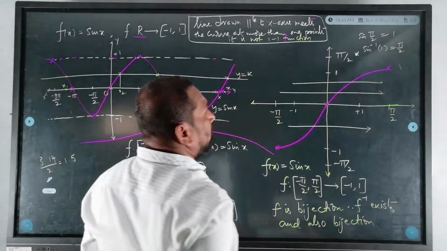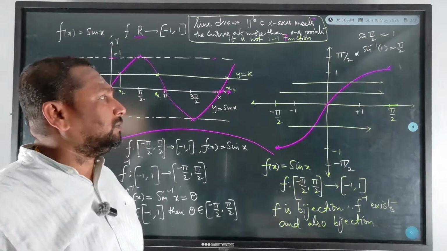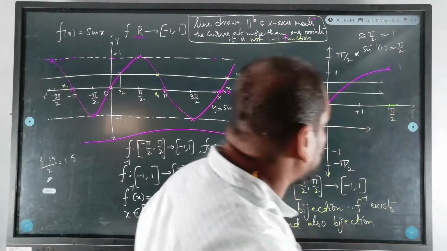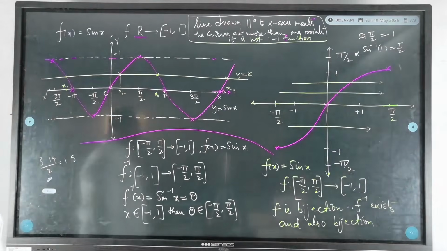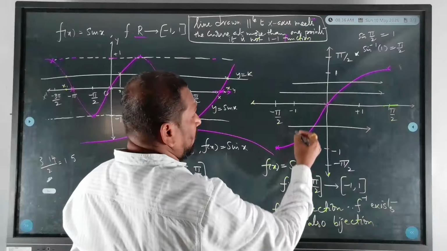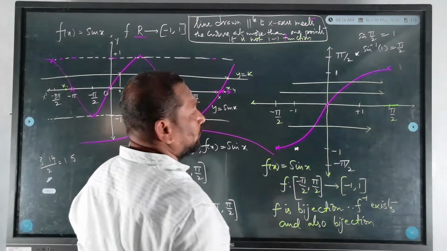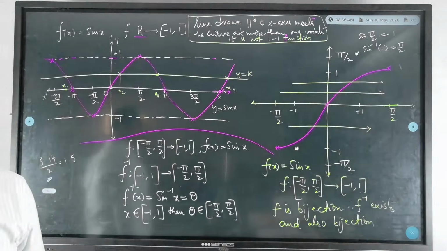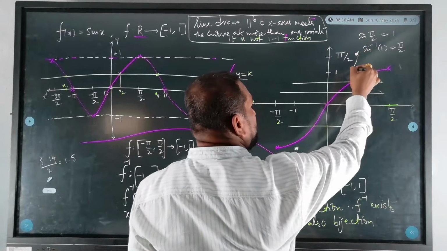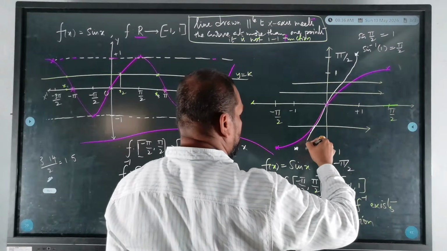Okay, right? Sin inverse 0. Next sin inverse minus 1 is minus pi by 2. This one. Right? So the values gradually decrease, and from here onwards they increase.